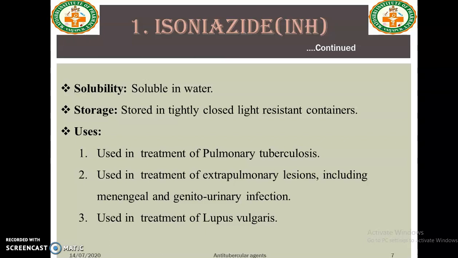Isoniazid is used in treatment of pulmonary tuberculosis. It is also used in treatment of extrapulmonary lesions including meningeal and genitourinary infections. It is also used in treatment of lupus vulgaris, that is skin tuberculosis.